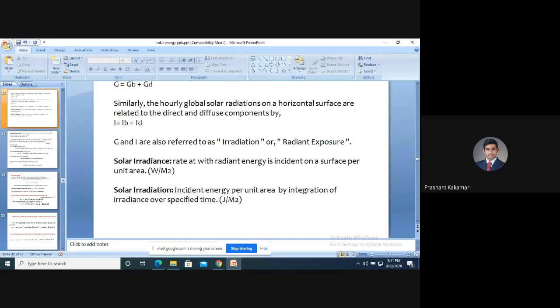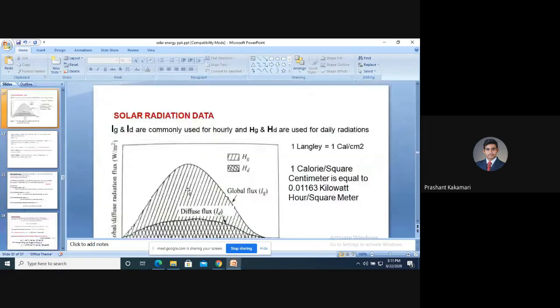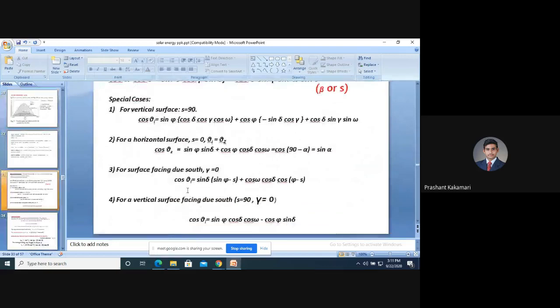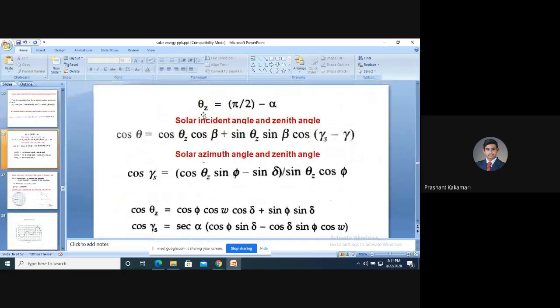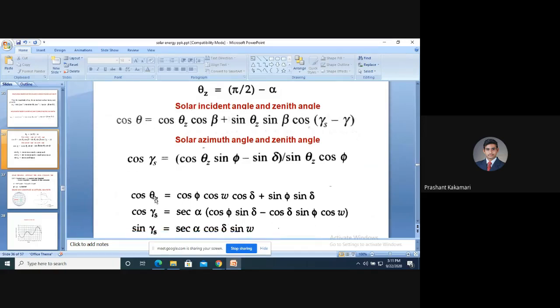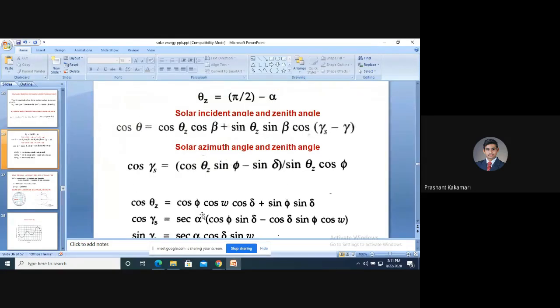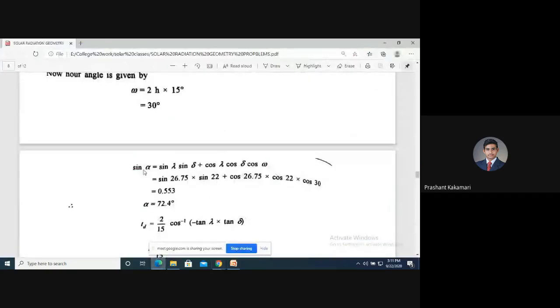Either you can go by any of these equations: theta z is 90 minus alpha, or find cos theta z from this equation, then find alpha also, or else take the alpha equation itself. That alpha equation they have written here in this problem.